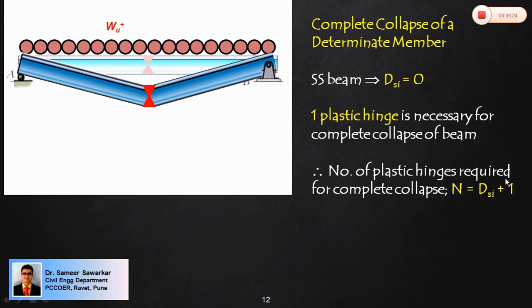The number of plastic hinges required for complete collapse, that is N, is equal to degree of static indeterminacy plus 1. No doubt, presently this expression is applicable to the given specific example. Let us go ahead and see if it could be generalized.